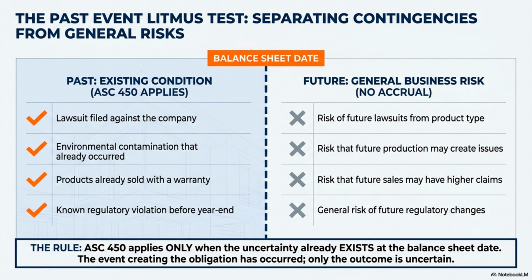Without a past event, there is nothing to accrue and nothing to disclose under ASC 450. This distinction is the foundation of the entire standard. Misunderstanding it leads either to overstating contingencies by accruing general business risks, or understating them by waiting too long on things that have already happened.